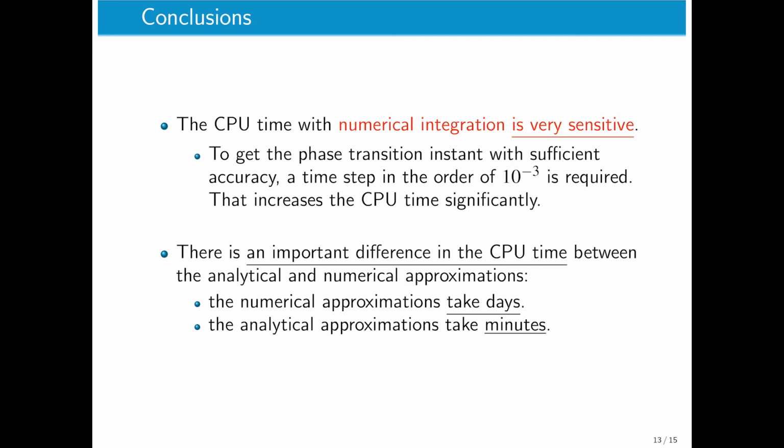And there is an important difference in magnitude between the analytical and numerical approximation CPU time. Another important advantage is that in a numerical integration approach, the results are obtained at times that include the transition instance as well as intermediate points.